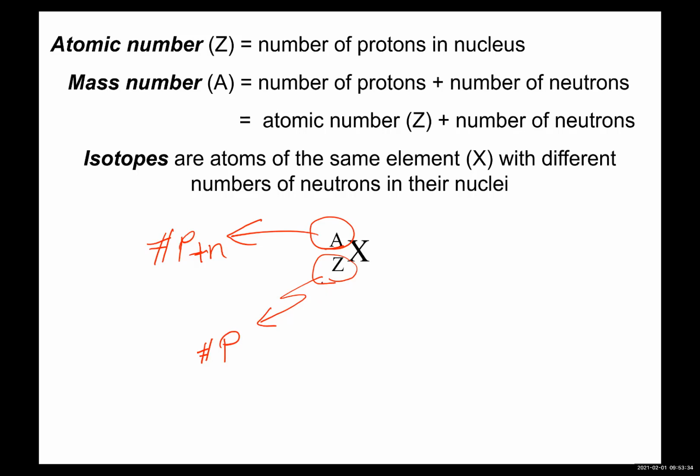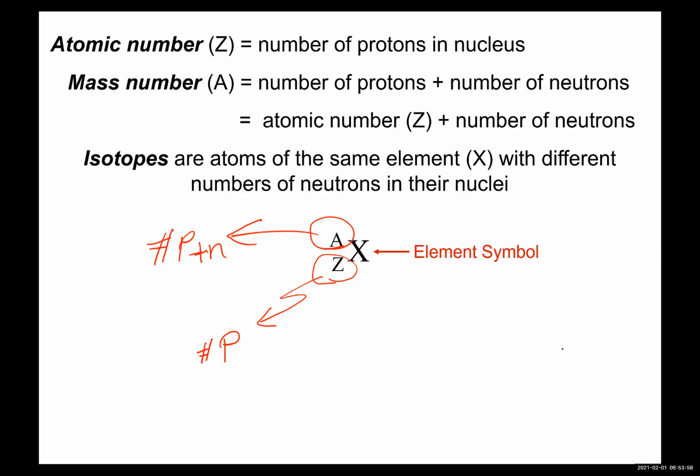Although you know this is not the symbol we use in the periodic table. In the periodic table there is a different arrangement I will talk about. But this is how we show different isotopes. This is how we show characteristics of any atom.